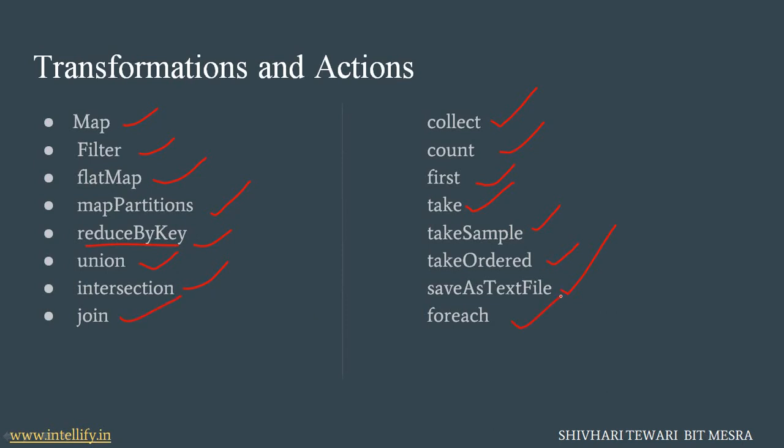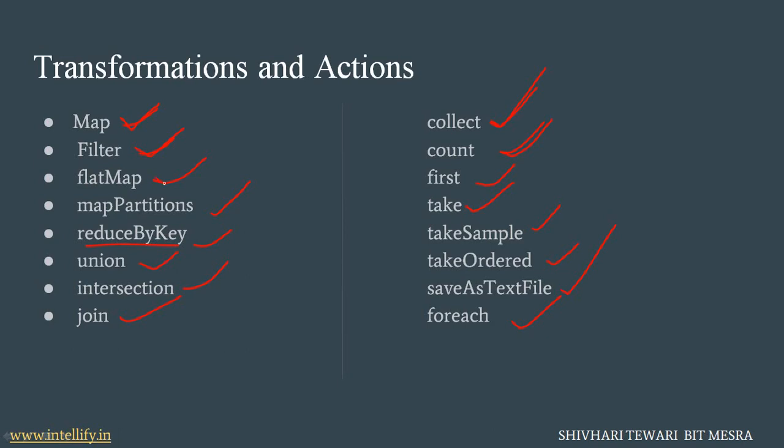So these are the words which are used for the same job, but different words basically. If we use map in Spark, that means count in SQL. If we use filter in Spark, that means collect.